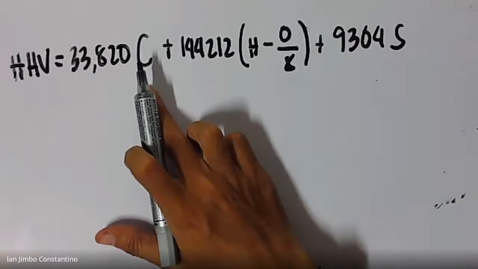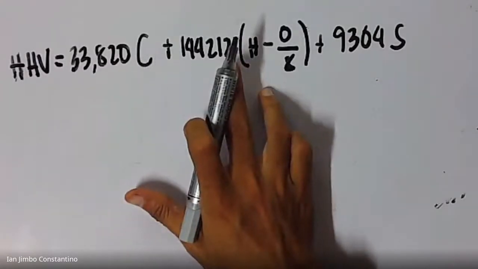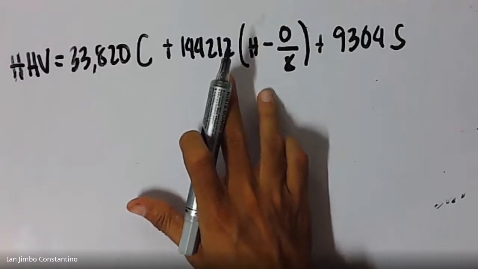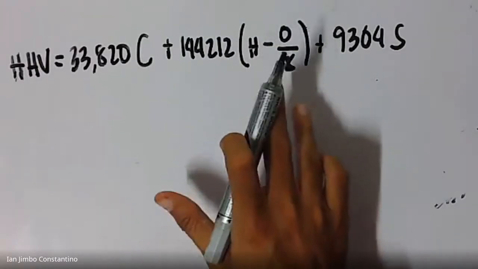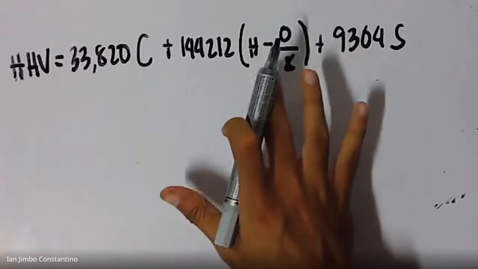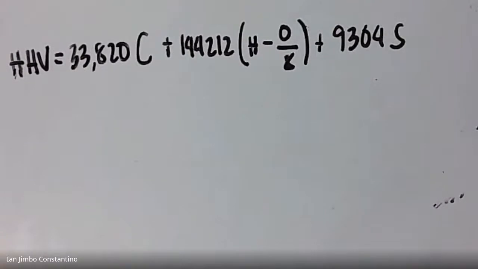Now C is 69%. The hydrogen is 2.5% in the problem. And then oxygen is 3.5% by mass. And then sulfur content is 7%. So how will you solve this using your calculator? I'll show you how to do it without consuming too much time.